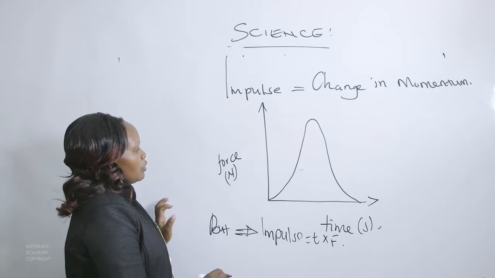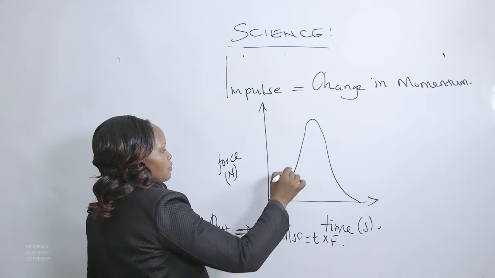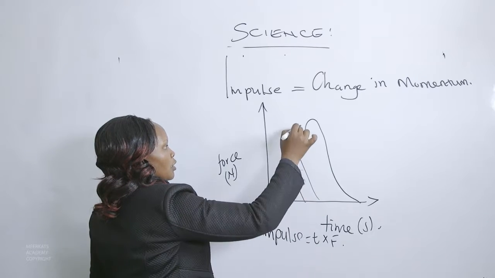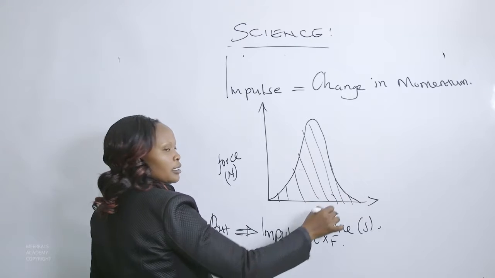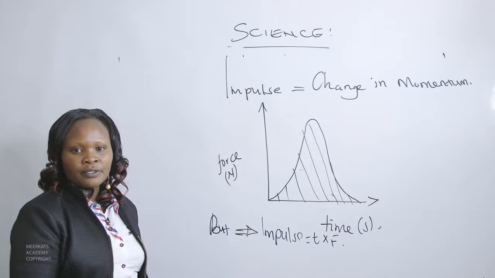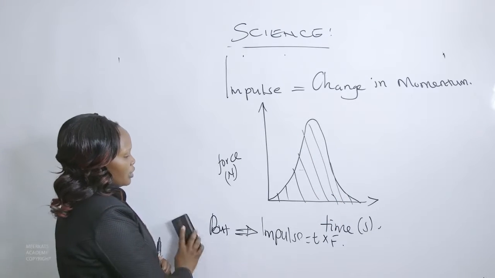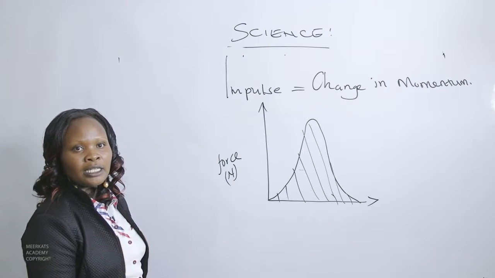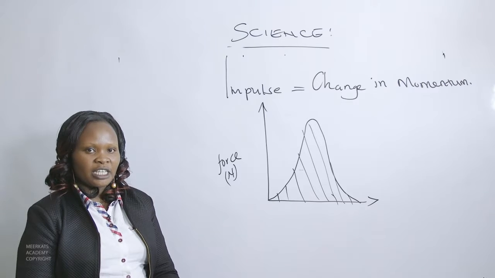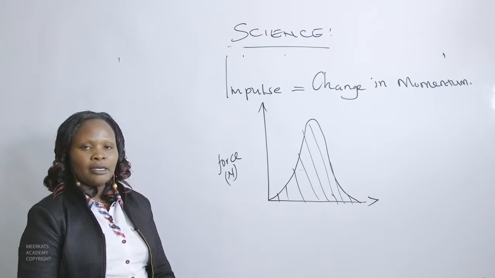Now, from this kind of graph, we have an area under the graph, and the same should give us impulse.